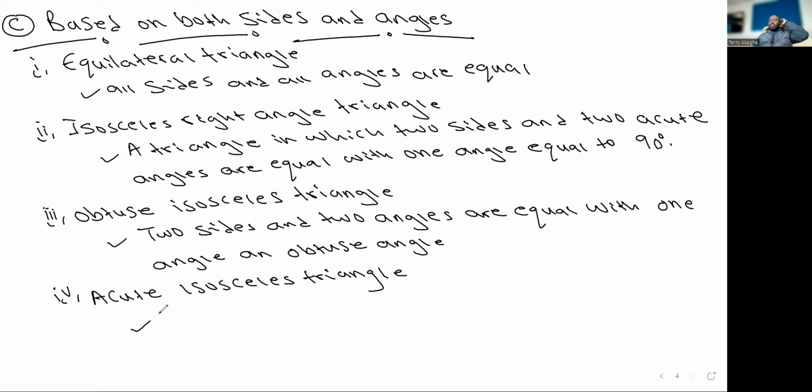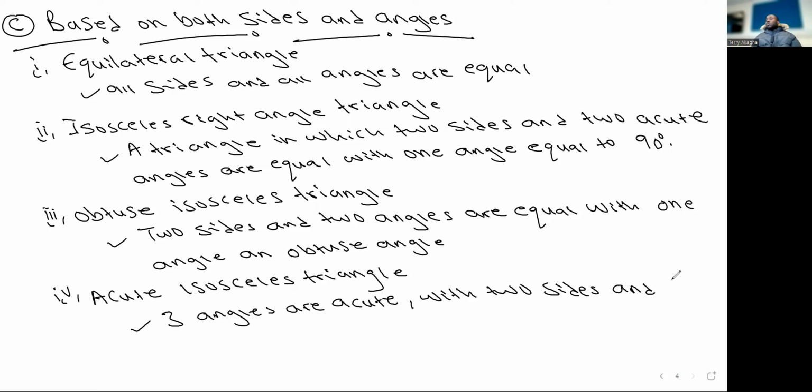So in an acute isosceles triangle, the three angles are acute, with two sides and two angles measuring the same.